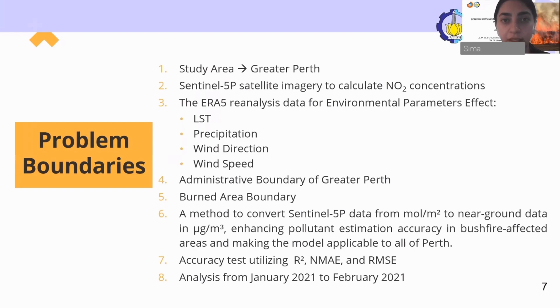The study area is Greater Perth, and the data that are utilized include Sentinel-5P satellite imagery, ERA5 reanalysis datasets including land surface temperature, precipitation, wind direction, and wind speed, the administrative boundary of Greater Perth, and the burned area boundary. The method that was utilized is the unit conversion method that changes the unit from mole per square meter to microgram per cubic meter.